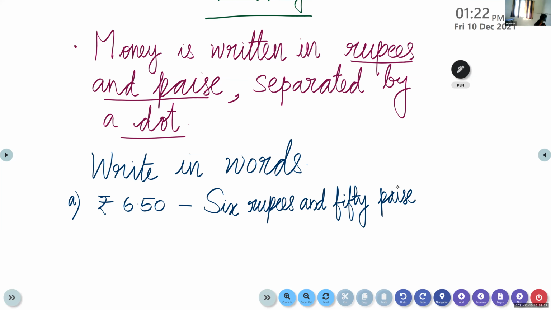Now we can move to B. And the question is, Madhav, please wait. ₹6 and 50 paise.